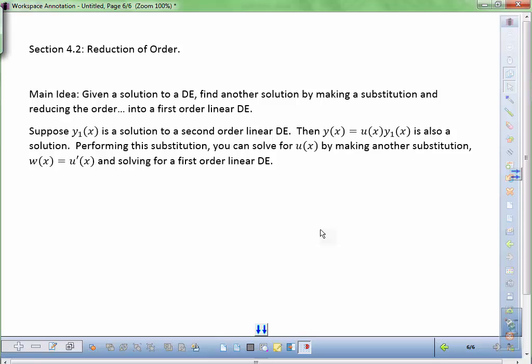So if we have a second order differential equation and we have a solution that we know of, can we bring it down to a simpler differential equation that we can solve for? So the answer is hopefully yes. We can do a substitution and then try to solve for it.